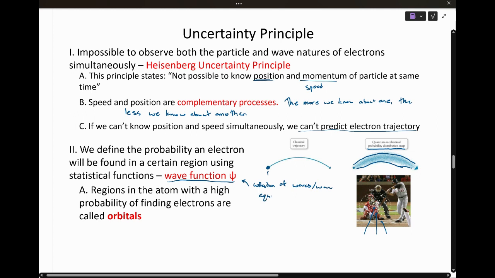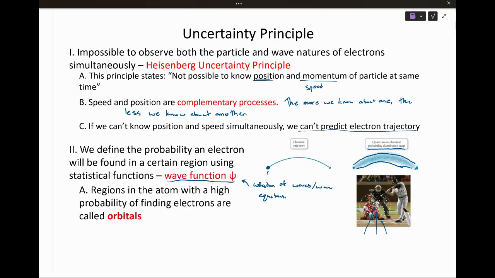So we're going to take a lot of different waves that the electron could be following. We're going to combine them all together into a wave function. So a collection of all these possible waves. When we add them together, we get a better idea of what our electron's doing in terms of its speed, but less about position, and then vice versa.